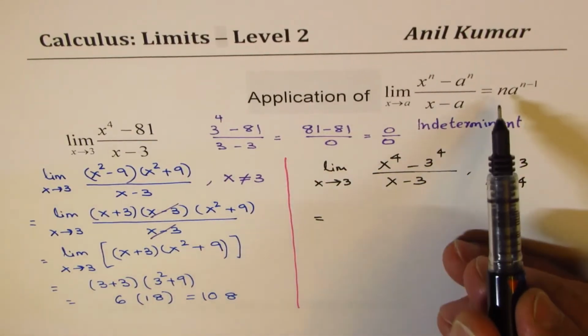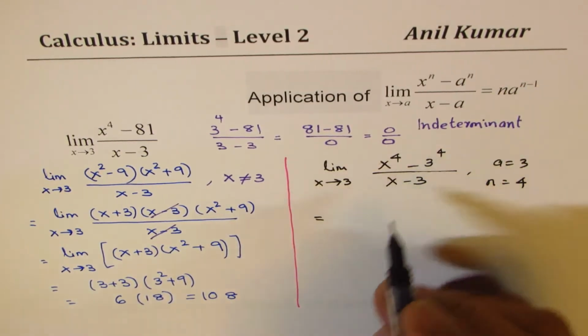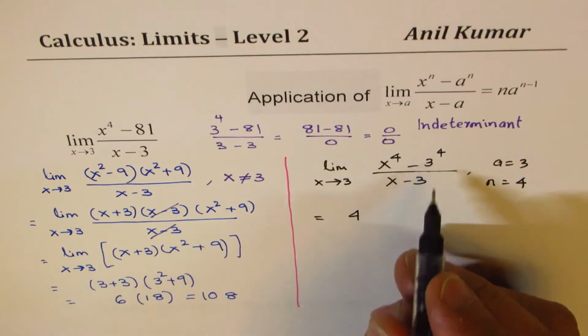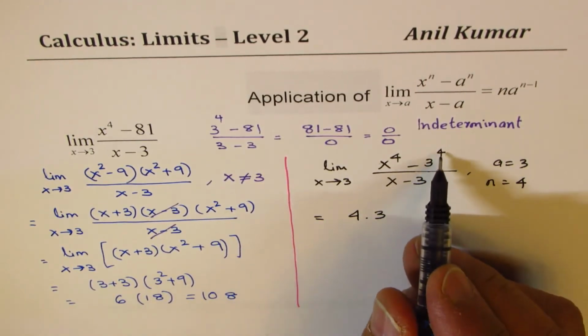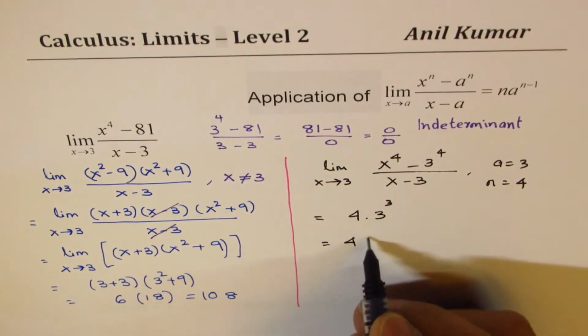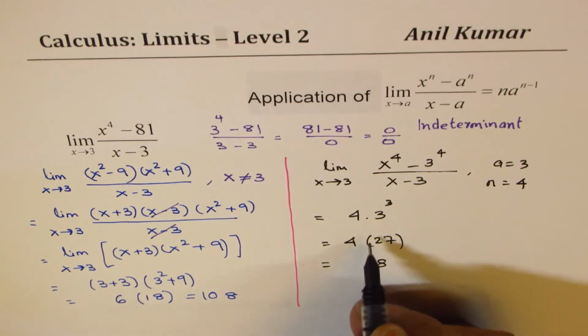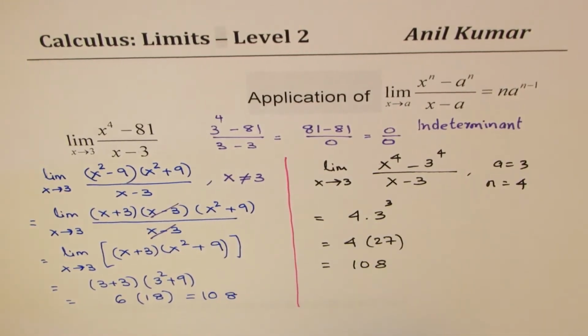Well, the limit is n times a to the power of n minus 1. That is 4 times 3 to the power of 4 minus 1, which is 3, correct? That means 4 times 27, right? And 4 times 7 is 28. 4 times 2 is 108.